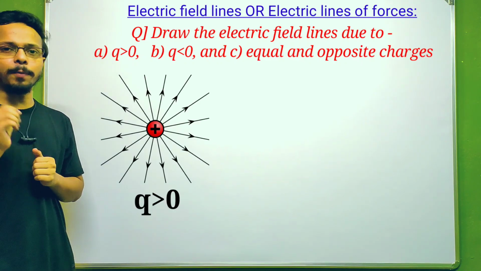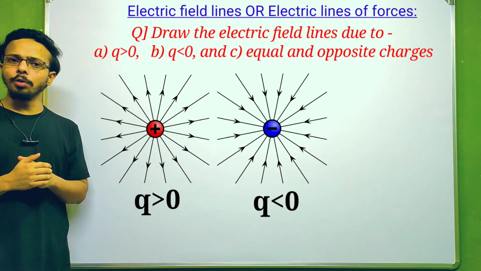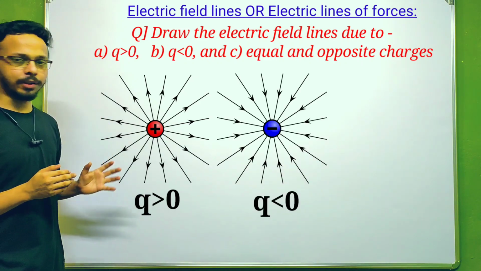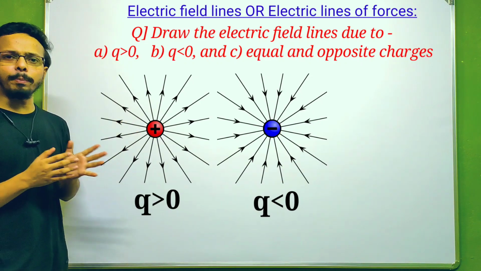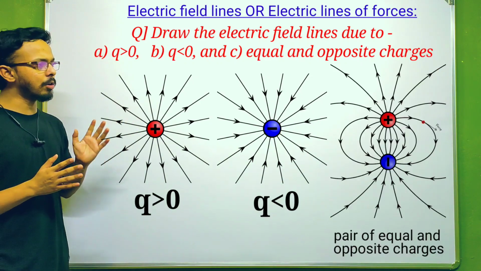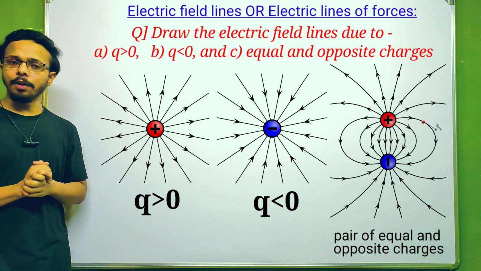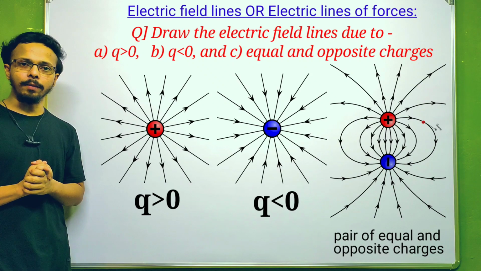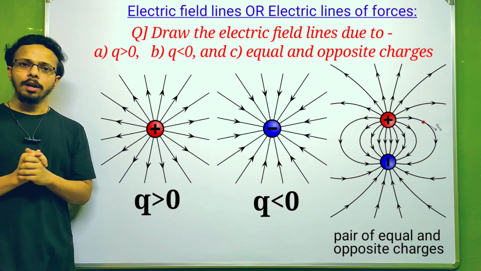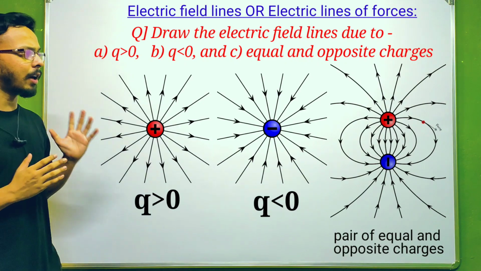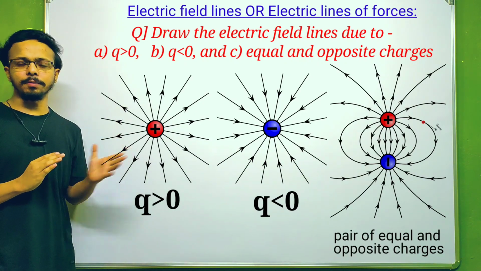Q less than 0 indicates you have to draw the electric field lines due to the negative charge like this. Okay. And the third one, draw the electric field lines due to the pair of equal and opposite charges. It means you have to take two equal and opposite charges and draw the electric field lines like this. Okay. So there might be a question on this. I hope you understand what electric field lines are and how we can represent them for such kinds of systems of charges.